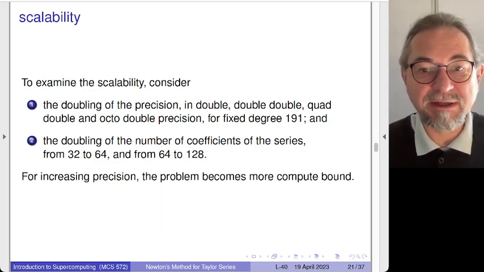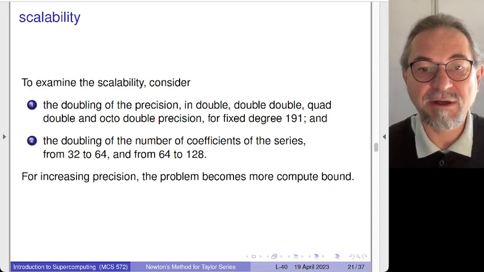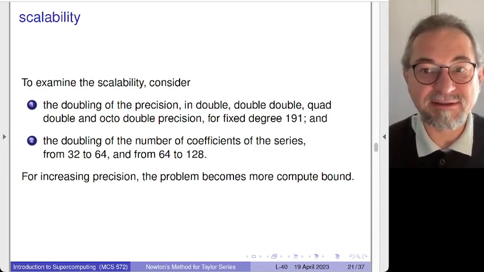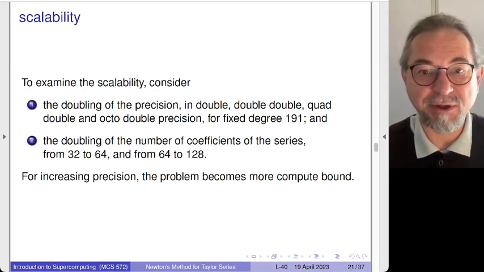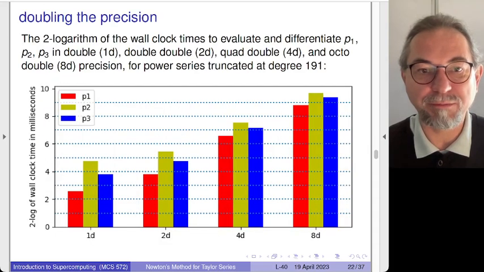Scalability: we can double the precision while keeping the truncation degree fixed, or we can double the degrees. The point is that as you scale up precision and degrees enough, at some point the problem becomes more and more compute bound.